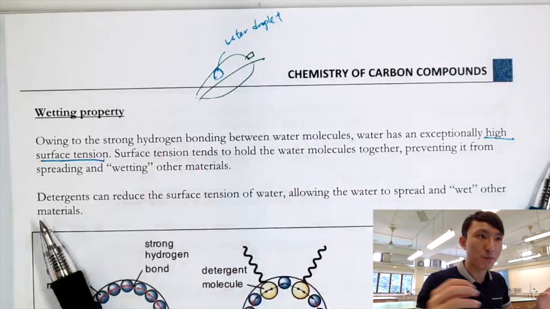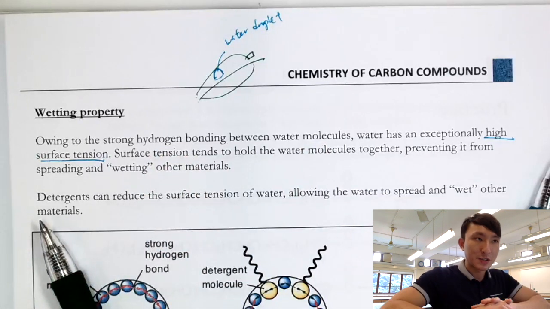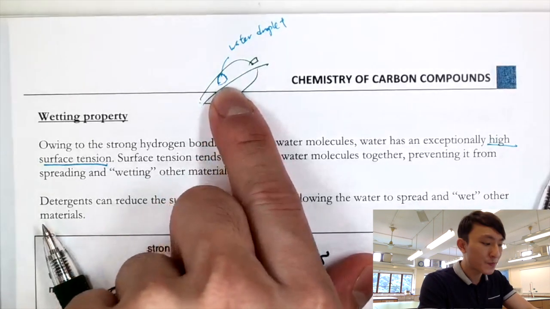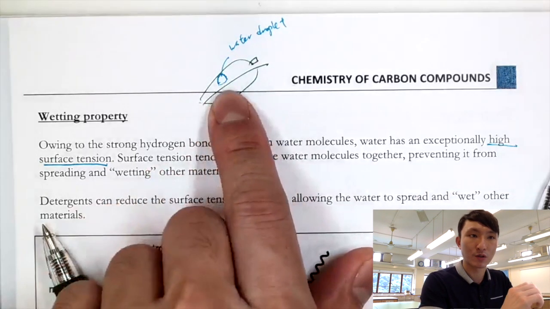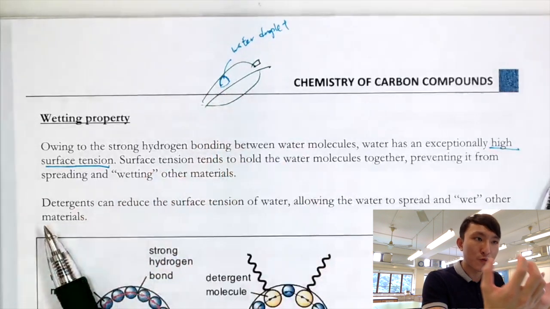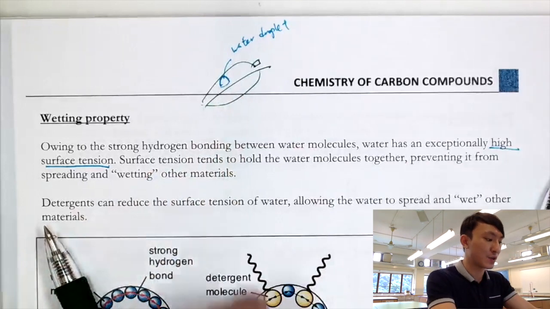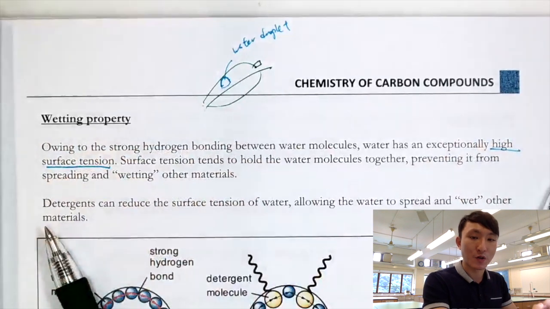So it tends to pull the nearby water molecules together, not willing to spread open. The tension on the surface pulls the water molecules together, especially towards the center of the droplet, and because of all this force acting towards the center, it results in a spherical shape.